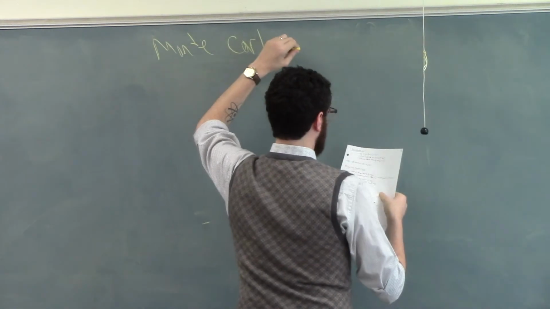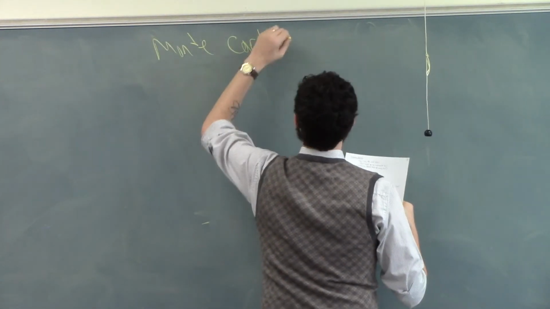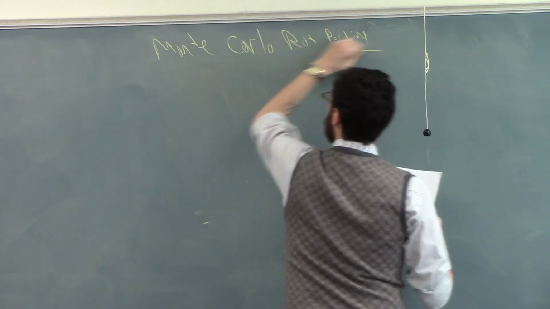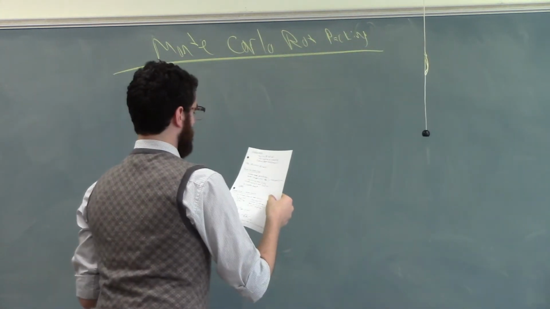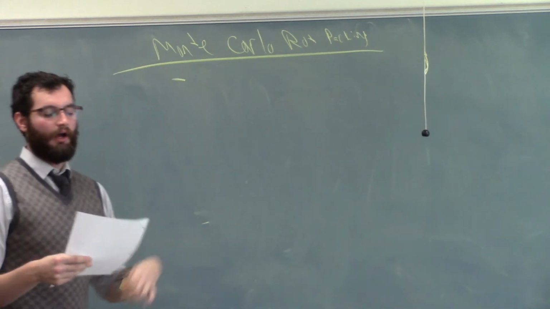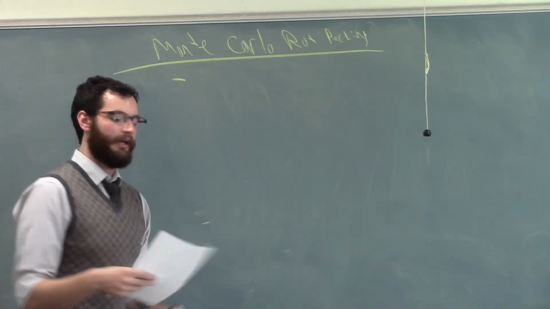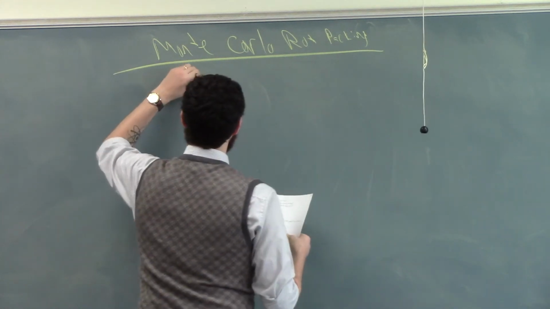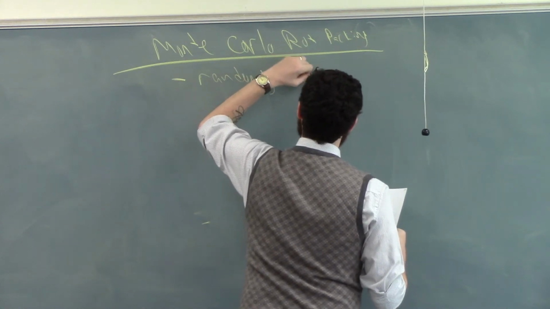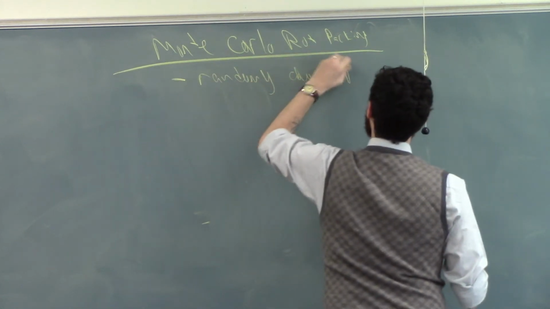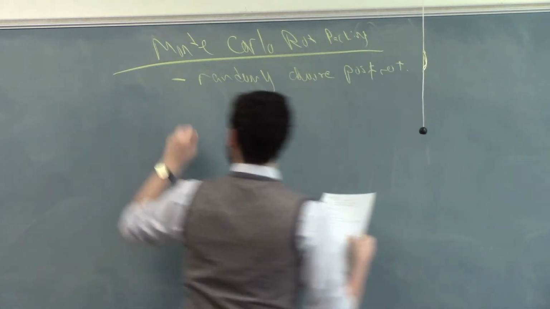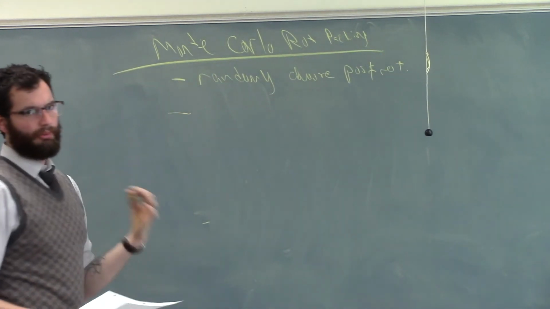So Monte Carlo rotamer packing, very briefly. In a Monte Carlo algorithm, we're going to randomly choose a position and a rotamer and try it out. Then we're going to evaluate the Metropolis criterion.